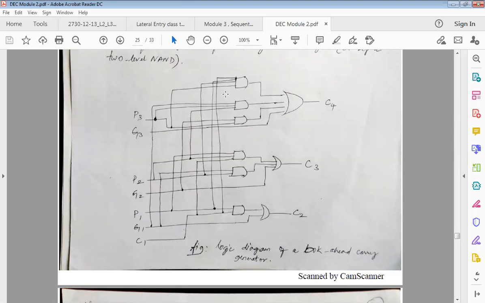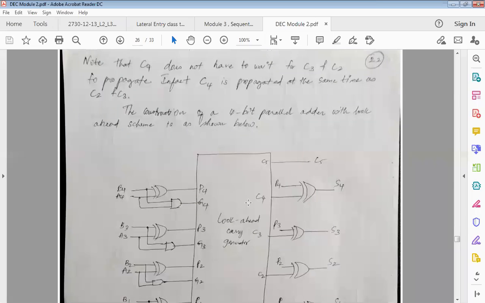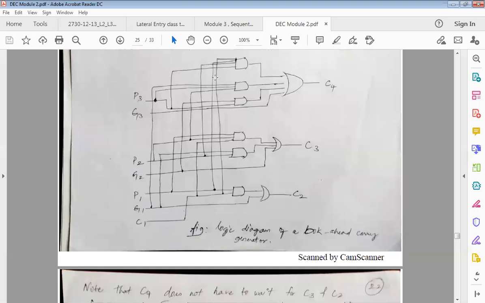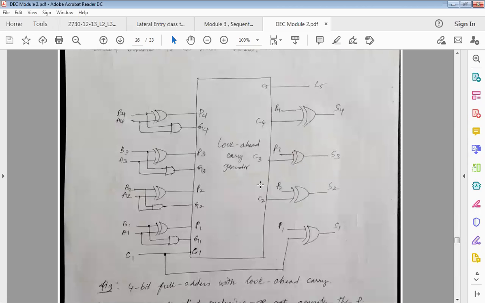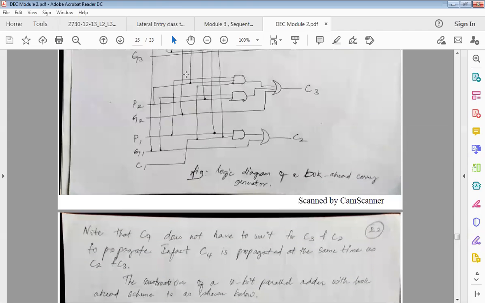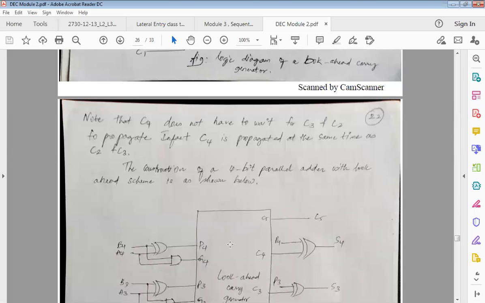So internally, this carry look ahead generator will have these circuits to generate C4, C3, C2. So C2, C3, C4, C5. Once those values come out here, how are these values coming out? With the help of these circuits that we just saw. So this circuit will be inside here.